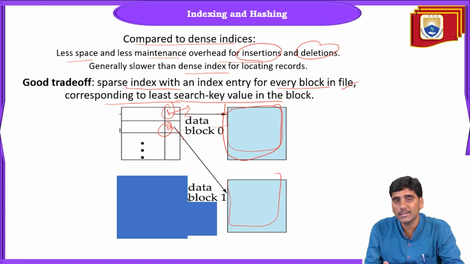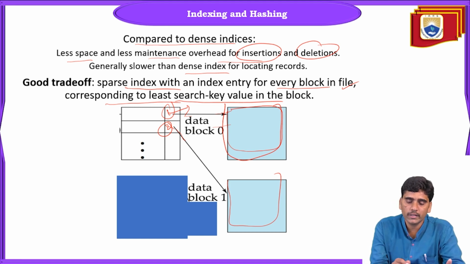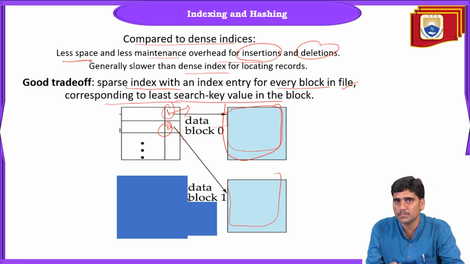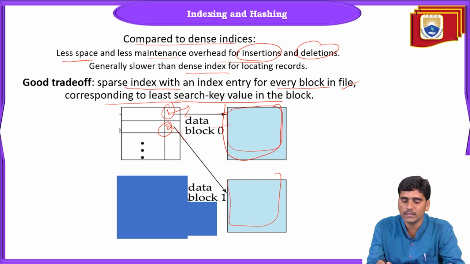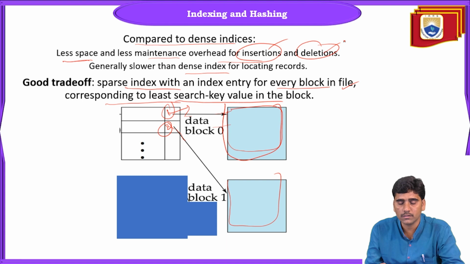Compared to dense indices, what does a sparse index take? It takes less space and less maintenance overhead for insertions and deletions, but is generally slower than dense indices for locating records.